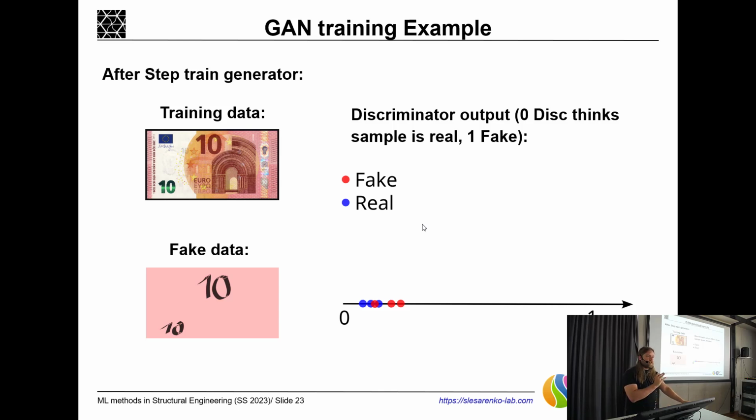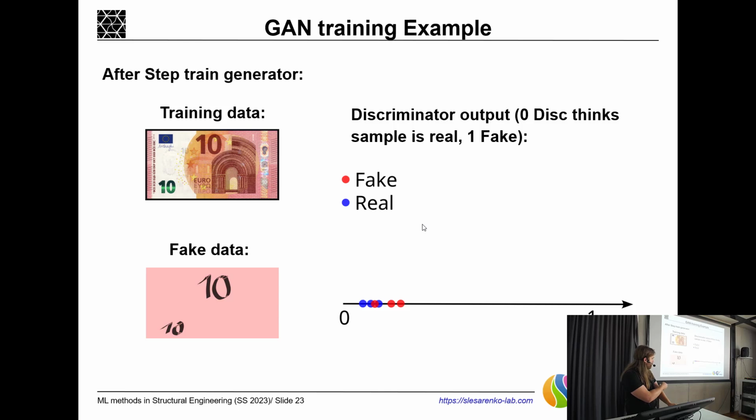Next thing is we train the discriminator again. What happens? What happens to this if we train the discriminator? Nothing, because this only depends on the generator.